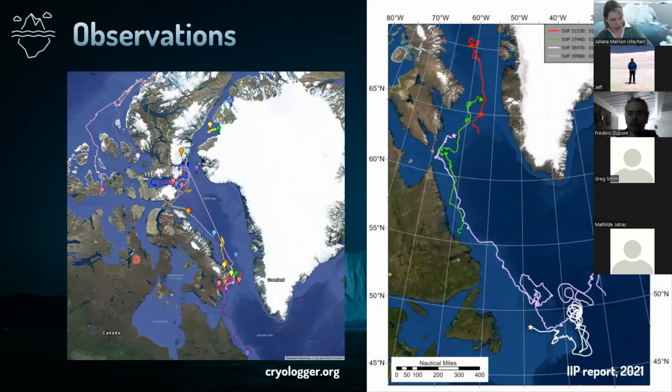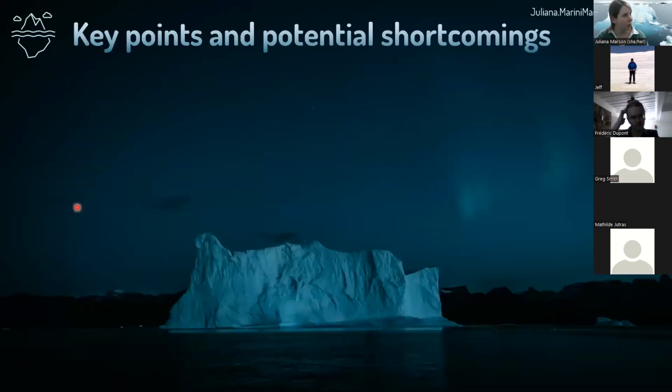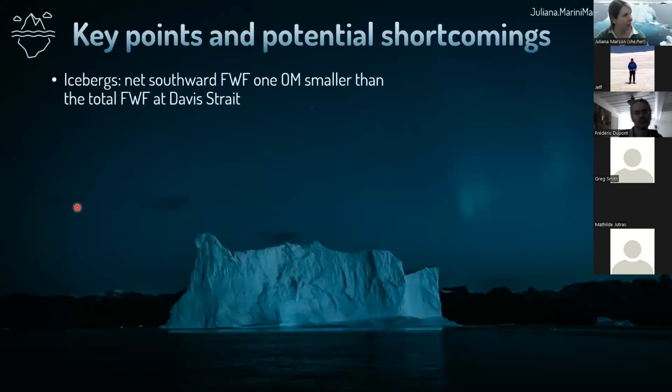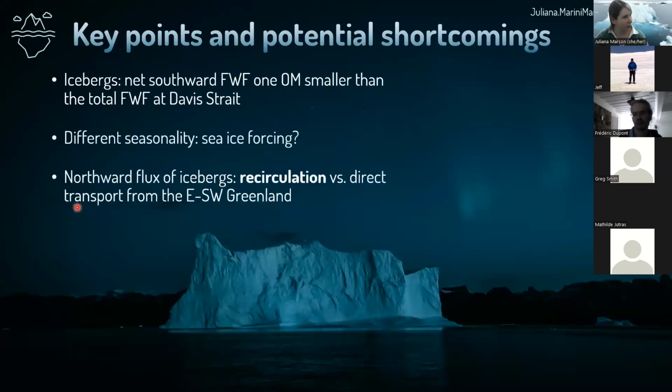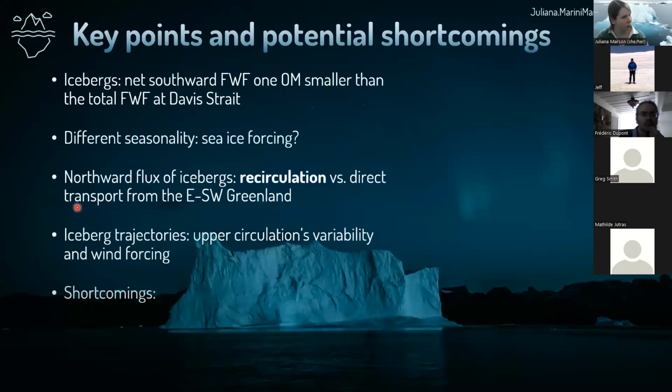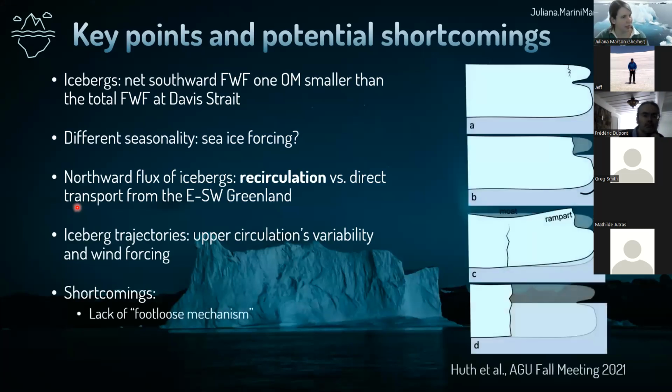Yeah, sure. Okay, so I'm going to plot observations according to seasons, just to see if the model is doing a good job. And so here I'm going to just put my key points here, if you want to read through them. And I just want to mention some shortcomings. One of them is the lack of the representation of the footloose mechanism in our model.